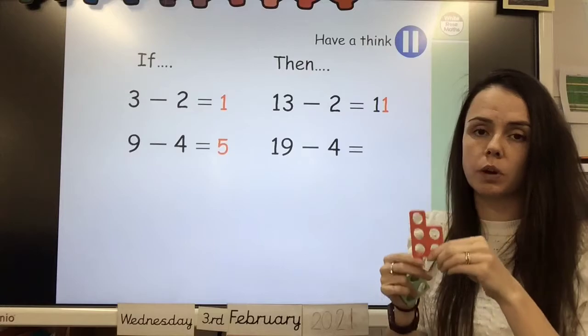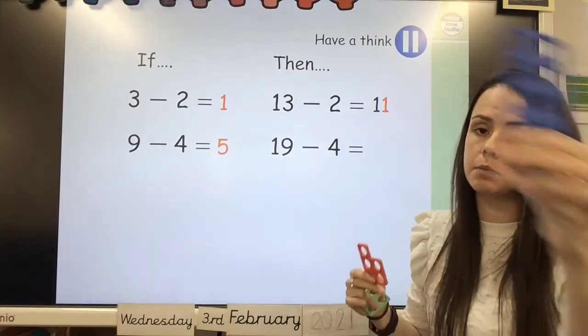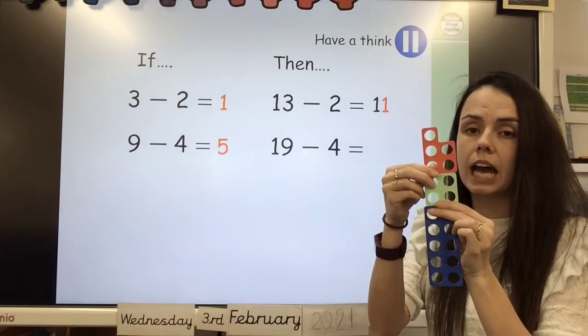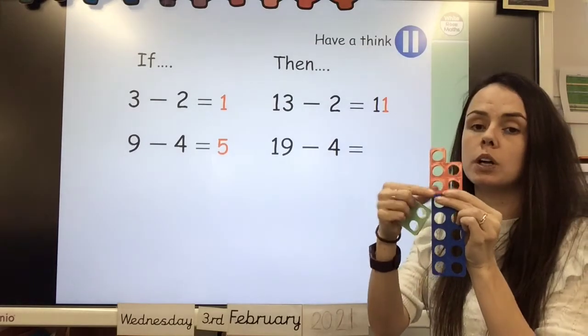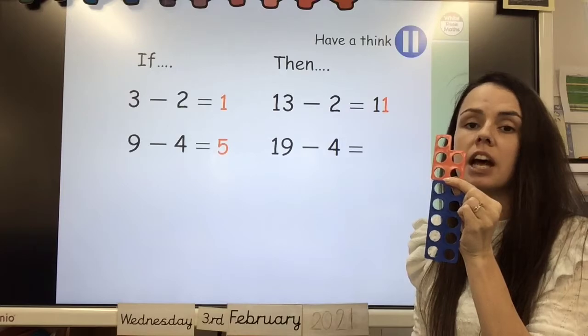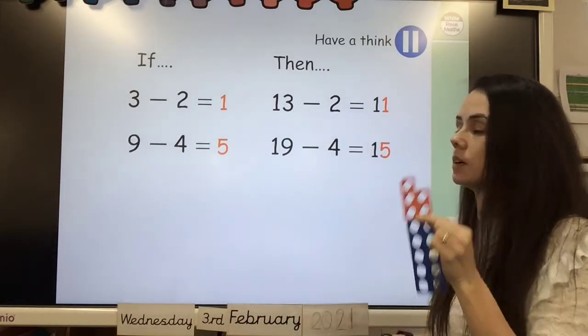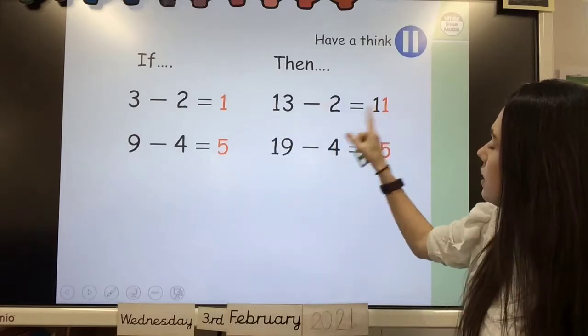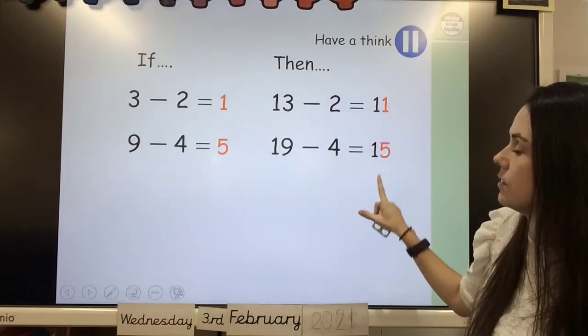So let's do it with a 10 piece. So 19, which looks like this, take away 4 equals how many? 15. Well done. So same, we've just got the 10 added in. 1, 1 and 11, 5, 5 and then 15.